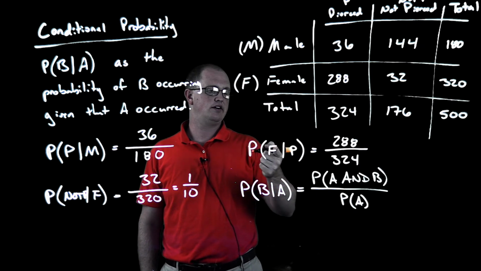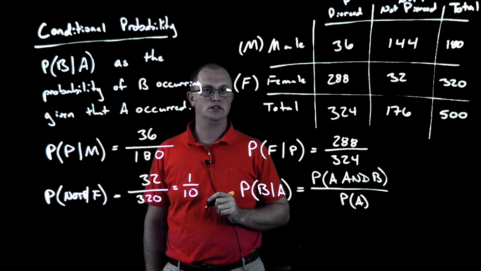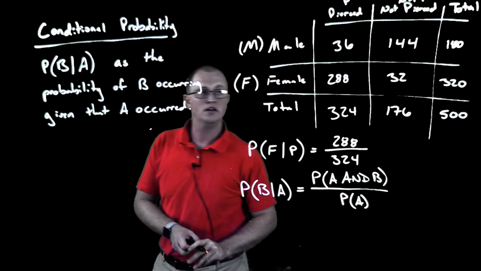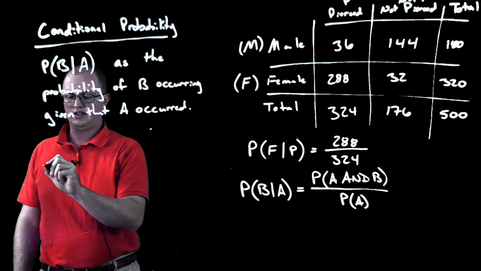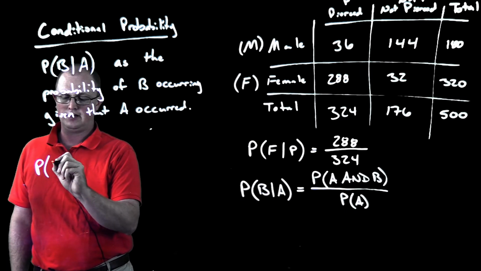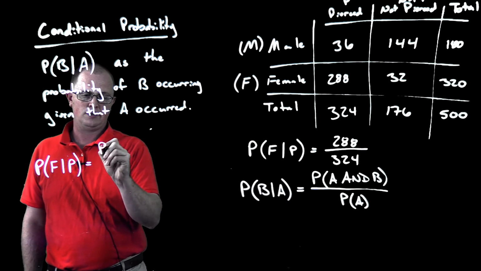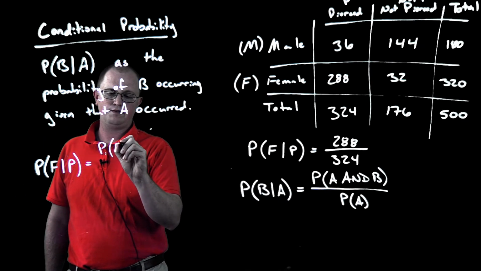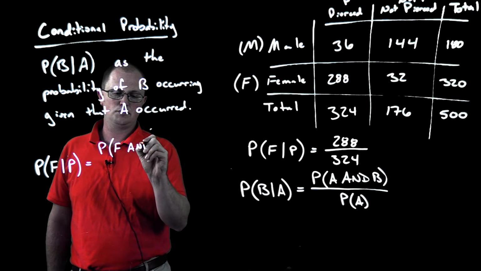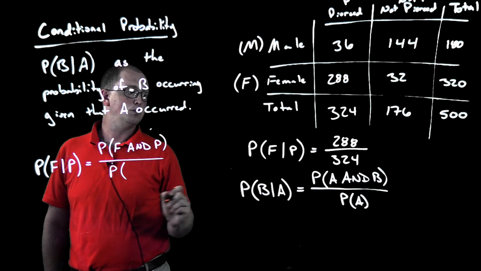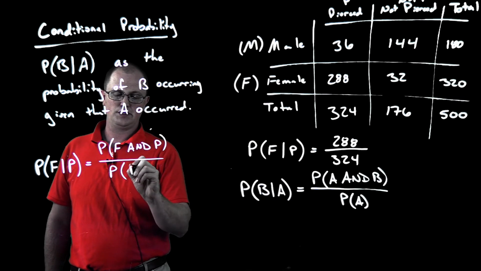And so let's recalculate this probability of female, given that they have pierced ears, using this formula. Another way of calculating this is the probability of female given pierced ears is going to be the probability of female and pierced ears divided by the probability of pierced ears.